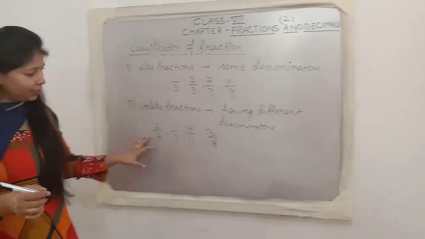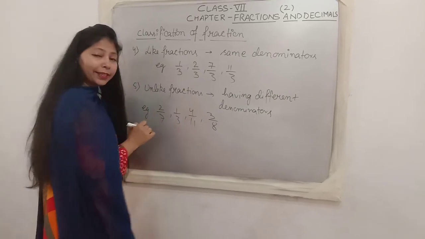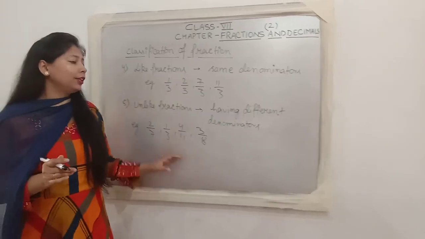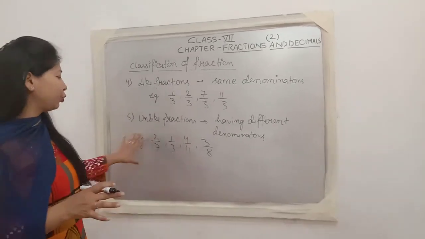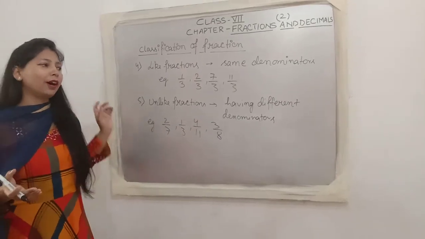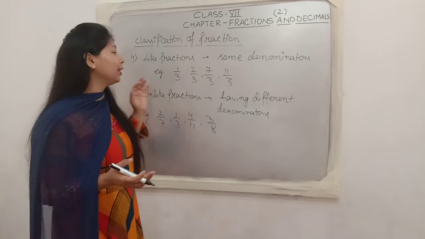So these are the examples of unlike fractions. Here you are seeing that all the denominators are different. Nothing is common among these. All are different, having different denominators. So they are called unlike fractions.